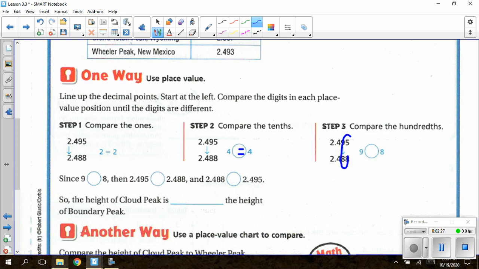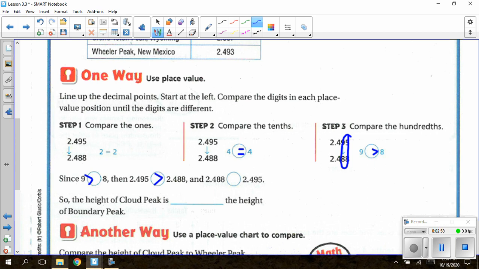You can circle that to show that that's where they are first different. And I do see that the 9 is greater than 8. So therefore, I know that the top number, the 2 and 495 thousandths, which would be the Cloud Peak in Wyoming, would be the greater number. So since 9 is greater than 8, then 2 and 495 thousandths would be greater than 2 and 488 thousandths.